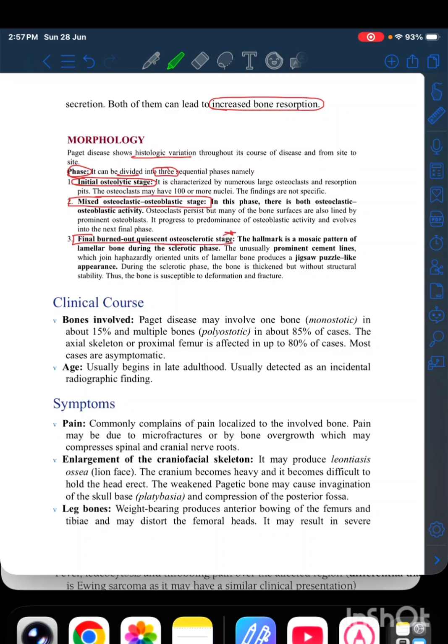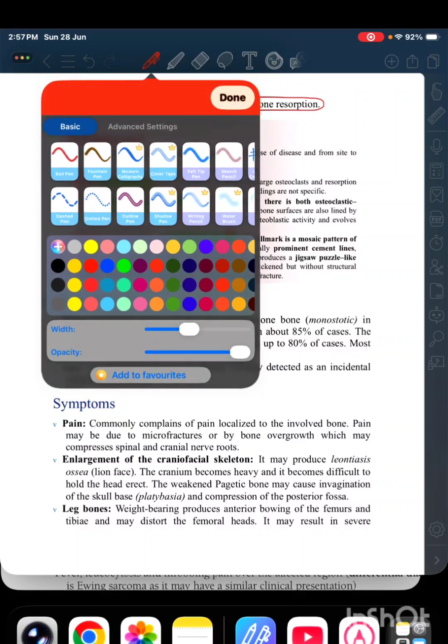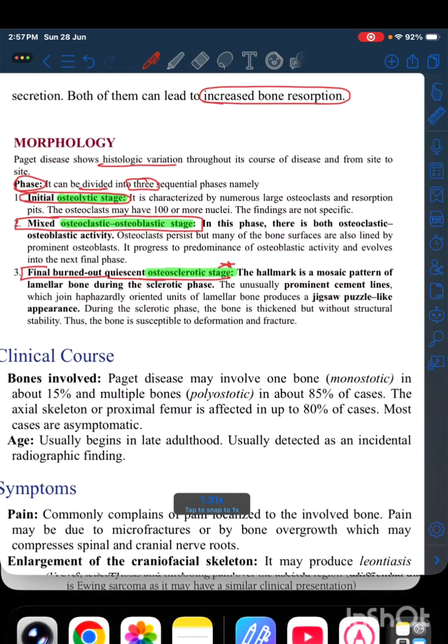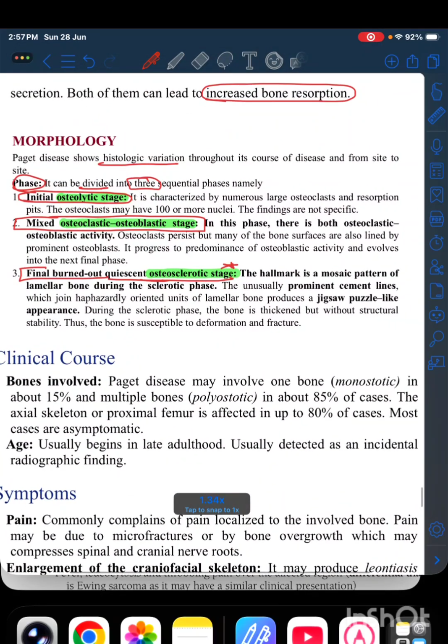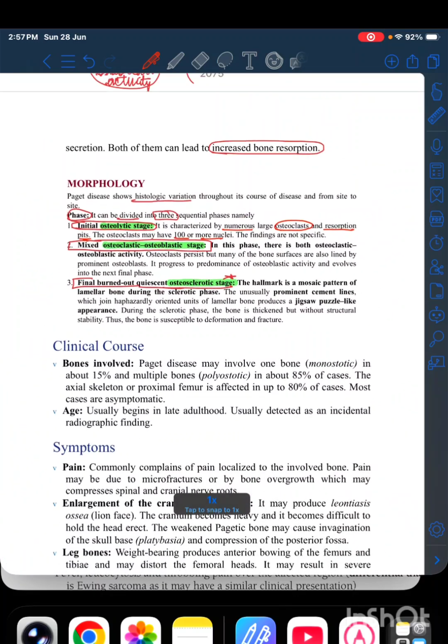So first is the initial osteolytic stage, characterized by numerous large osteoclast resorption pits. Osteoclasts may have 100 or more nuclei. First is the initial osteolytic stage, in which there are numerous osteoclasts.